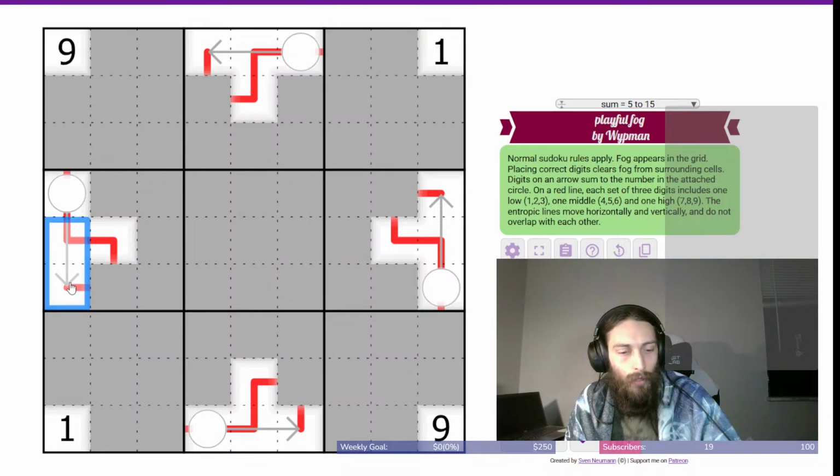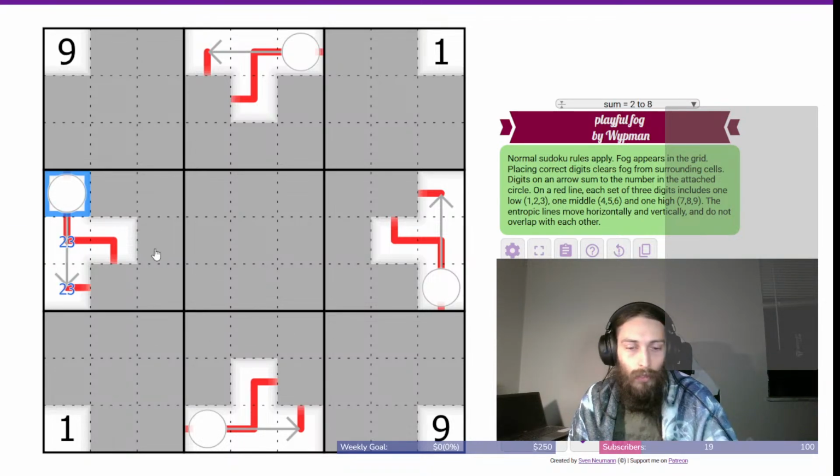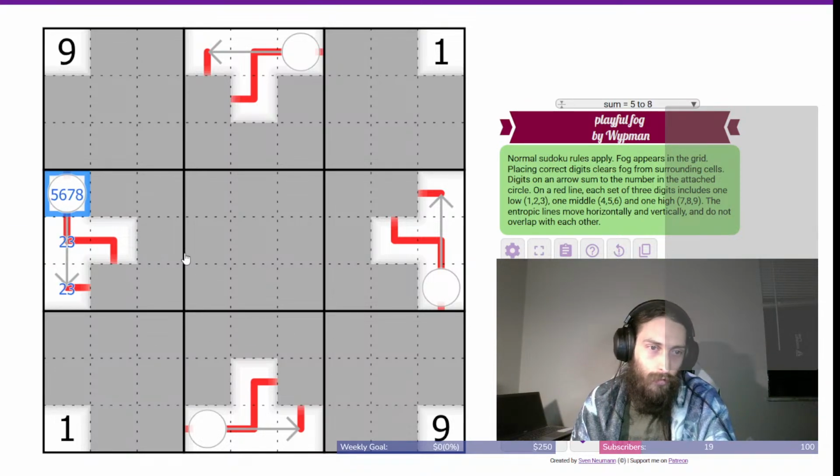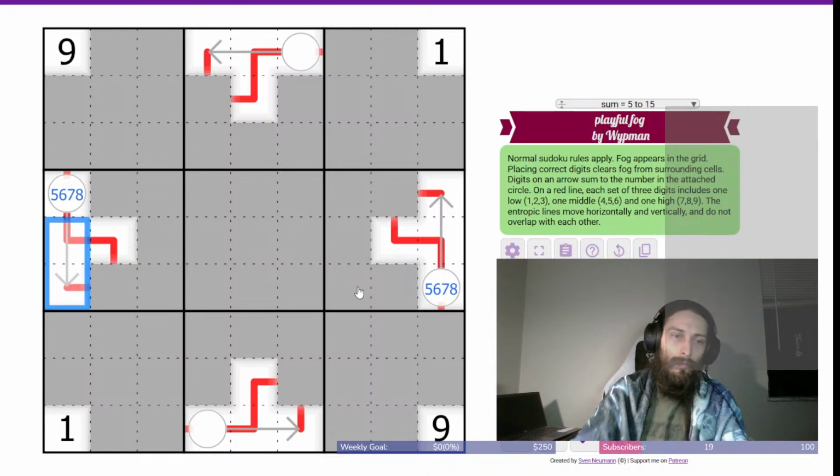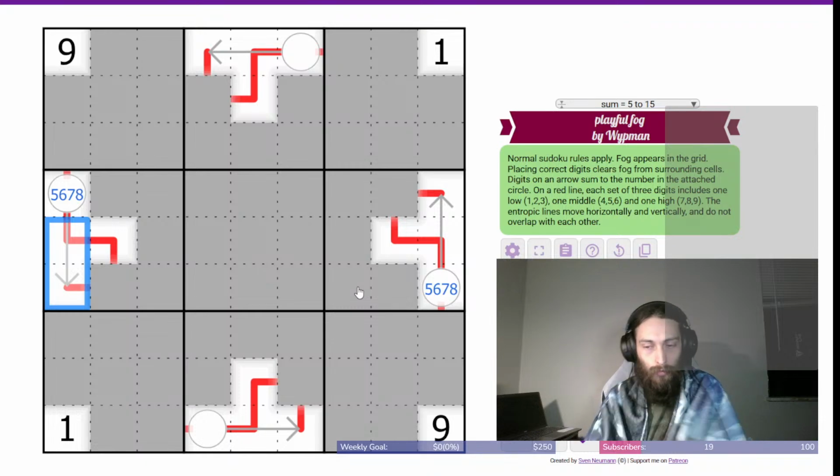Now, minimum 2, 3 means this is minimum 5. It goes all the way up to 6.